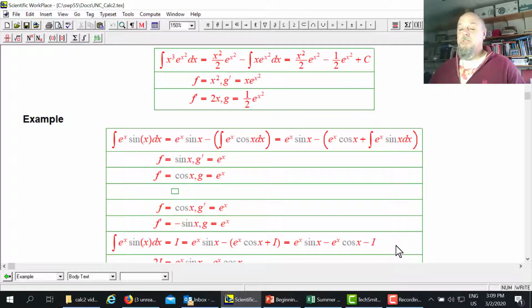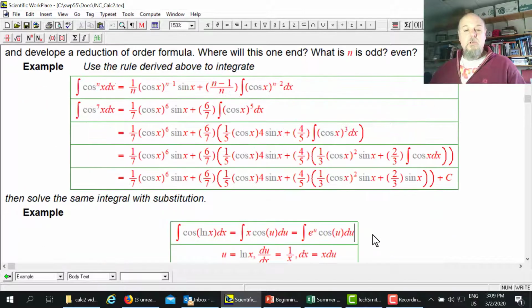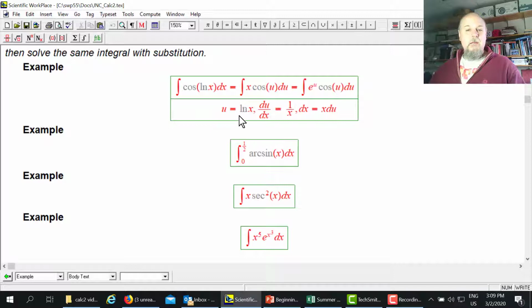But then that's going to be in terms of u. So everywhere there's a u, you're going to need to put back in ln x. So you'll have cosines and sines of ln x. And then don't forget a plus c. So I'm going to let you finish that one. The point here was we could do a substitution and then it turns into integration by parts.